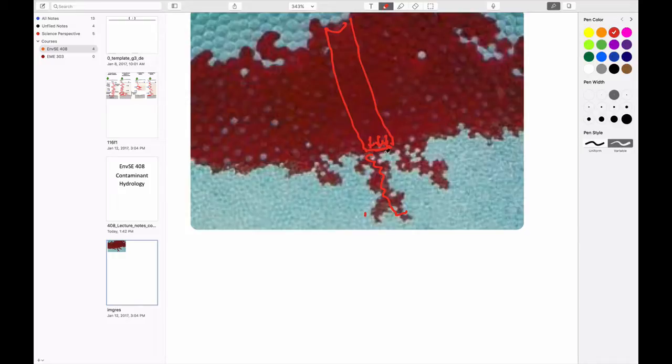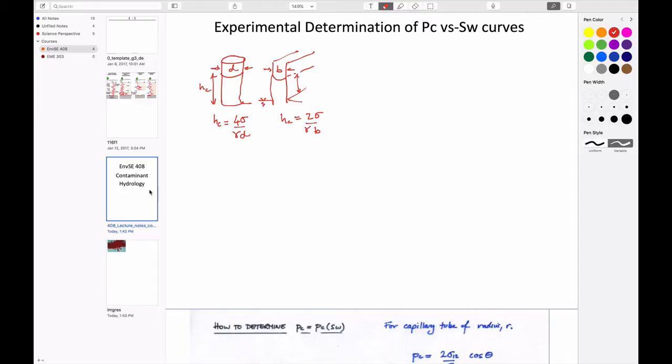And so what we'd like to know is, what is the saturation going to look like in this whole bead pack? Coarse bead pack, fine bead pack, large pores, small pores, and what are the physical properties that define that behavior? And so this is the analog that we use to define that. So we could think about it in terms of the height rise that occurs in fluids going up there.